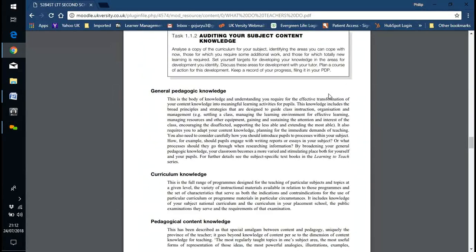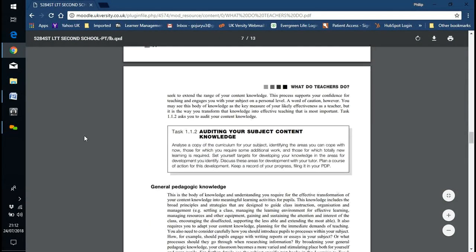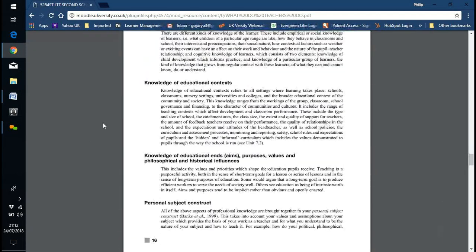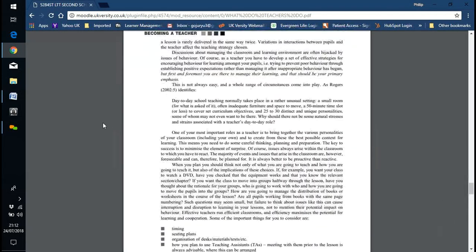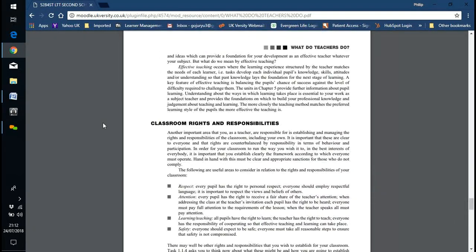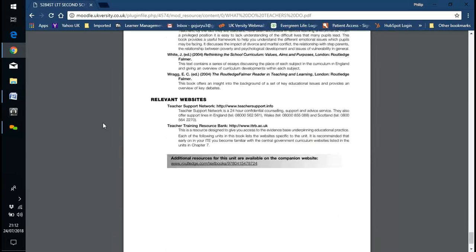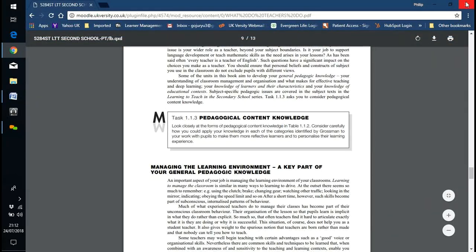I'm not surprised. There's only certain parts of it that are relevant. Hang on, where's that go? Auditing content, looking at knowledge. Not there, come on. No, that's not the one I wanted. Never mind, put that down.